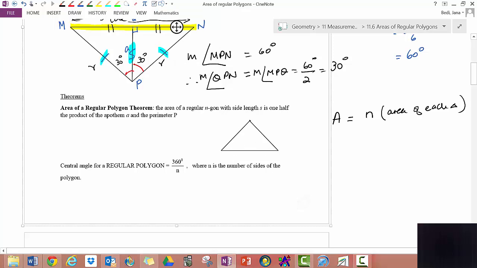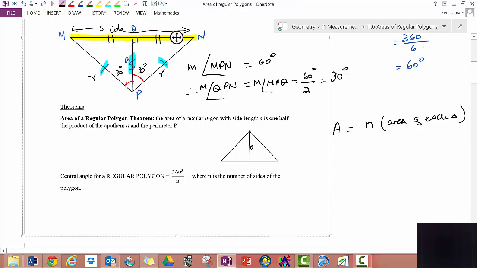Okay, and the height. So I want to call that, it is the height, but the height is called A, the apothem. This is the radius, and this is the base.